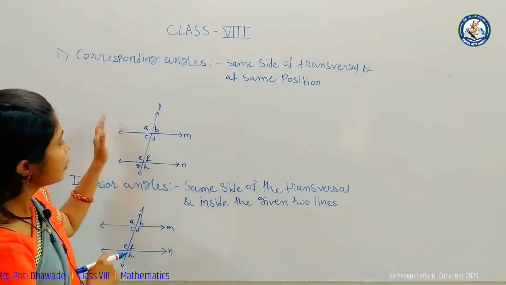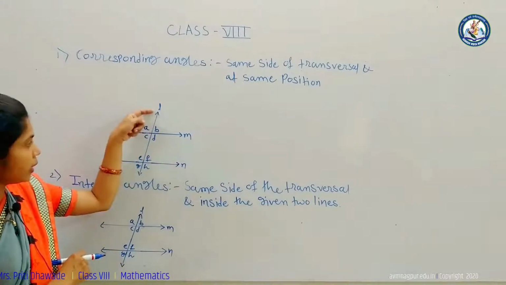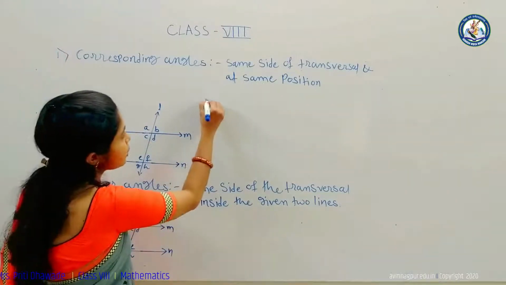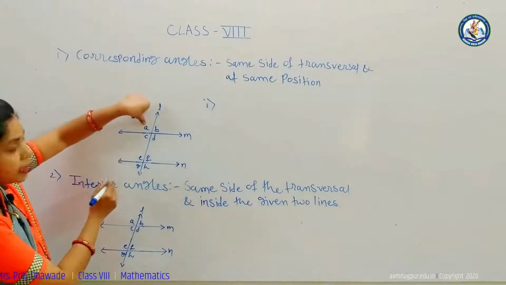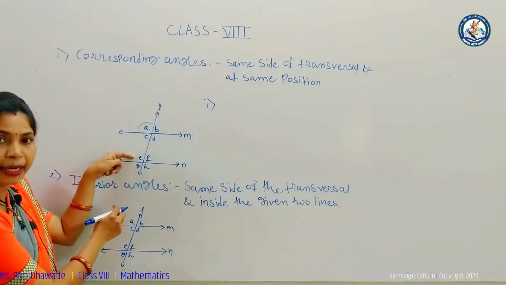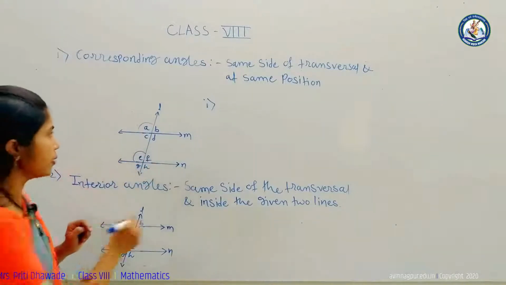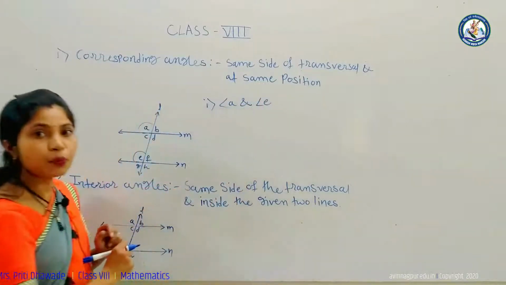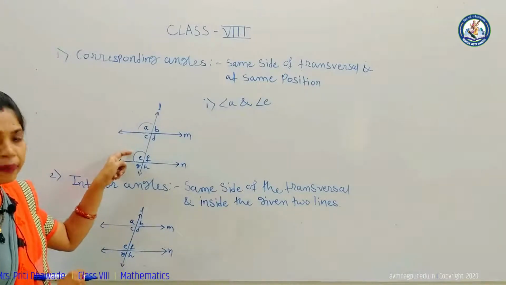Now from the figure here, the two parallel lines M and N are intersected by the line L and it makes 8 angles. The first pair of corresponding angles on the left hand side: angle A is present above line M and angle E is again present above line N. So this is the first pair of corresponding angles, angle A and angle E. Both angles are present at the same position, matching corner.